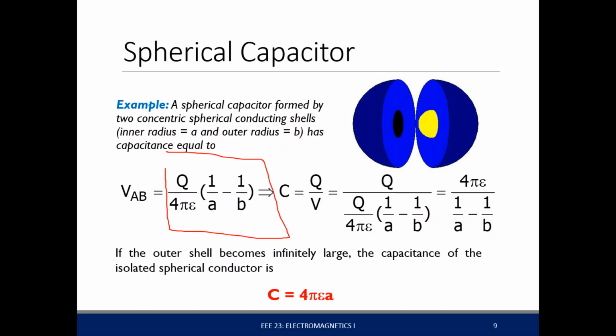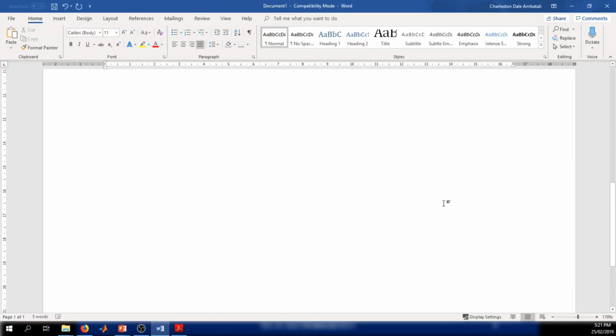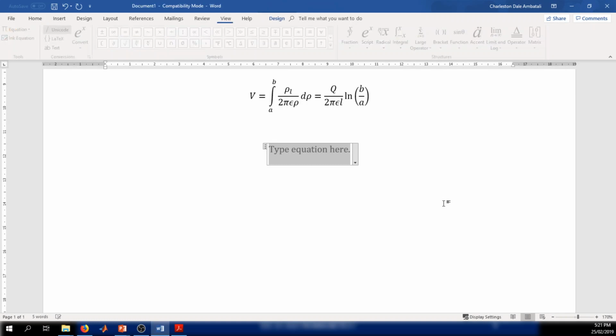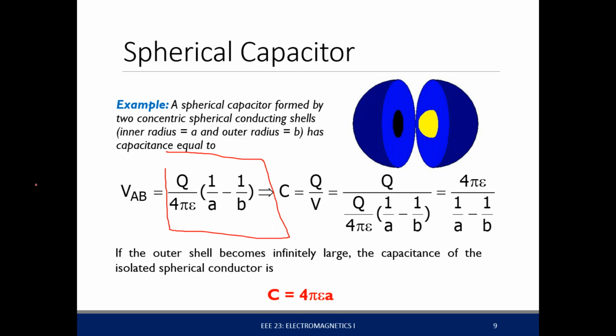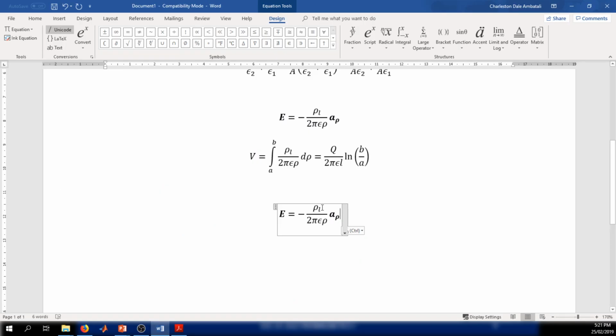Okay, so let's try to solve that. Recall the electric field in the region here. So let this be positive and let this be the negative part. So the electric field is equal to the charge divided by 4 pi epsilon times r squared.